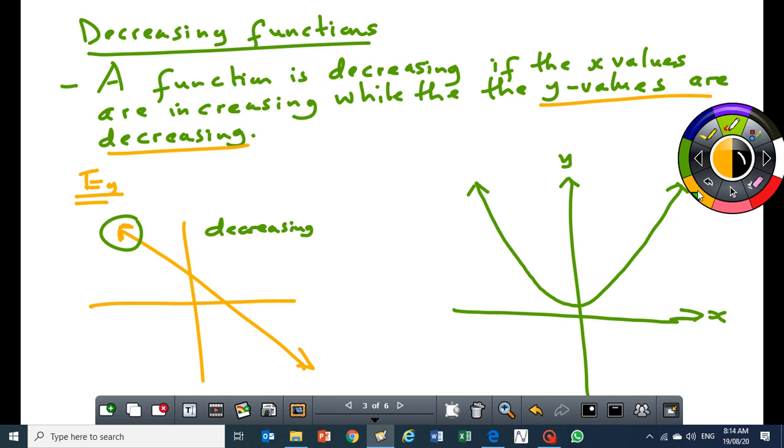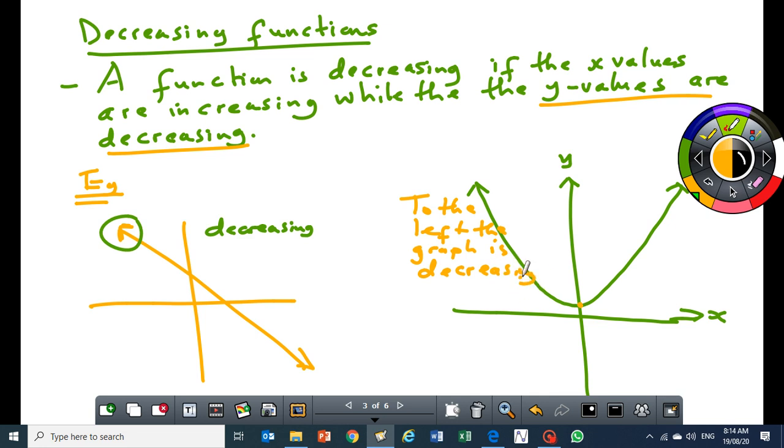Start from the left here. As x increases, the y values are decreasing until they get to this point where you get the minimum value of y. So to the left, the graph is decreasing.